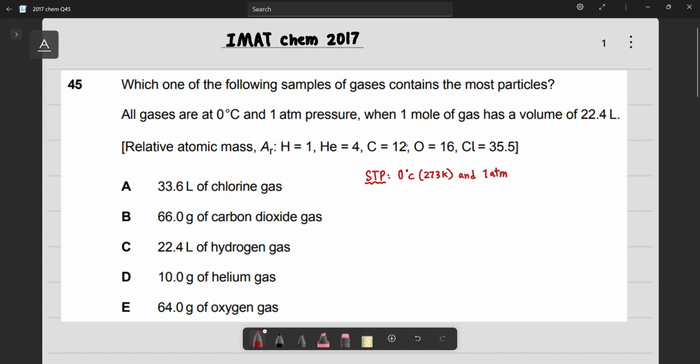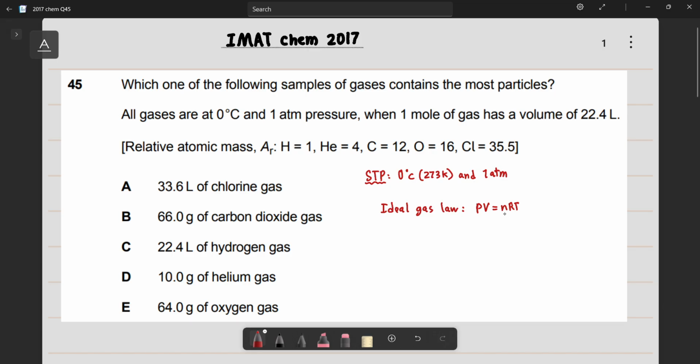So all this given data combined refers to the ideal gas law, where the basic formula is PV equals nRT: pressure times volume gives the moles, the gas constant, and temperature.